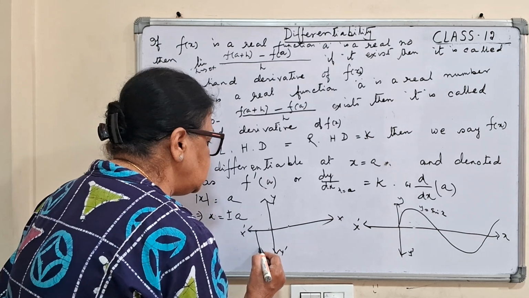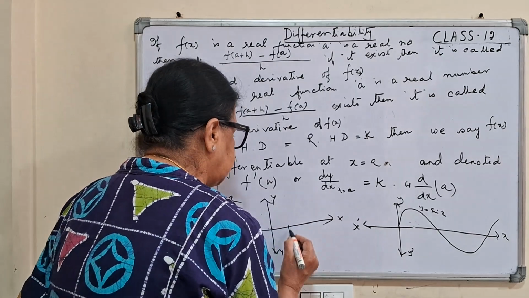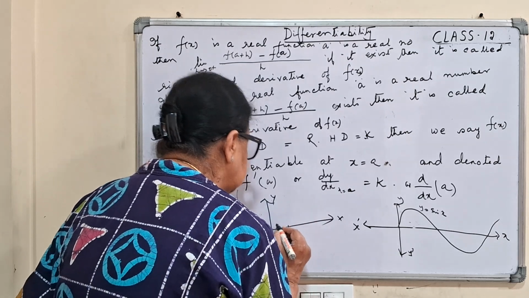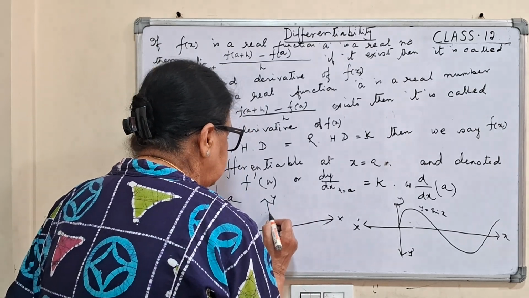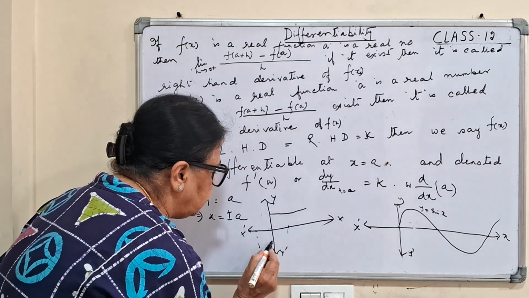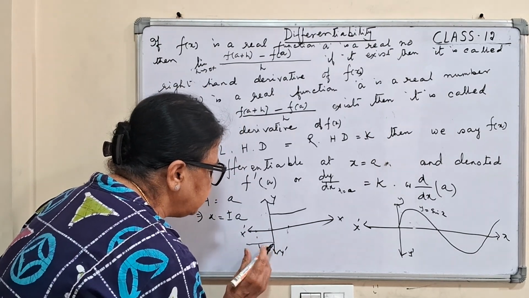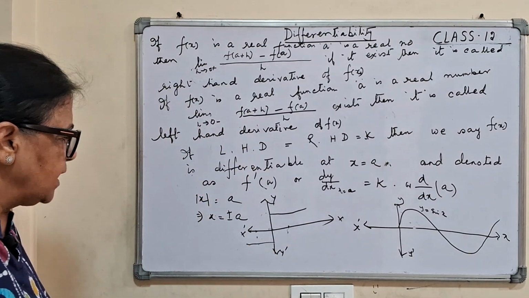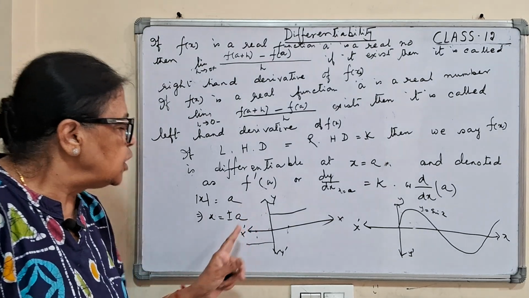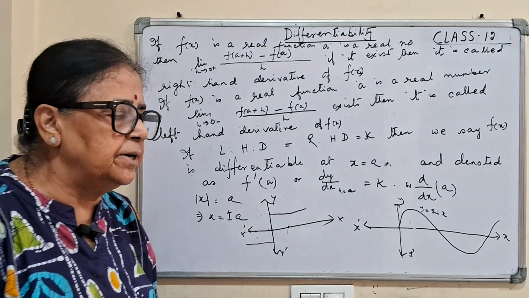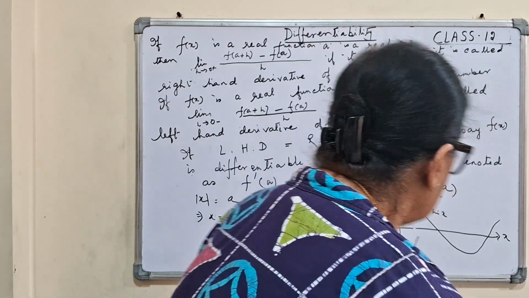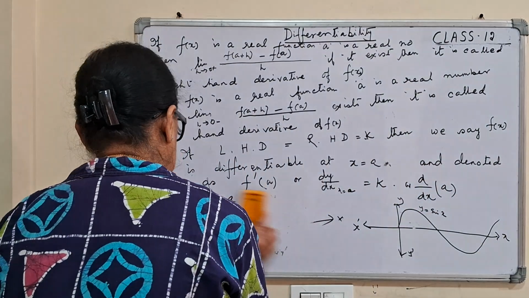So your function will go like this and it will become like this. This is the absolute value of x. It is not continuous, it is breaking. So only the continuous functions are differentiable.